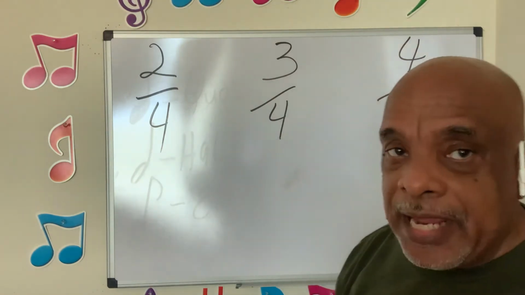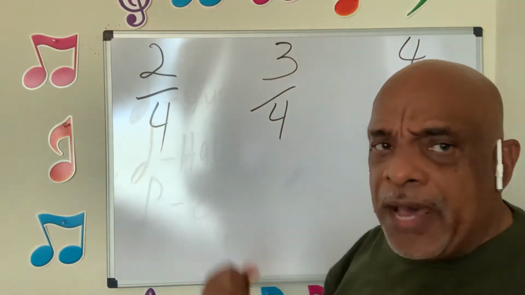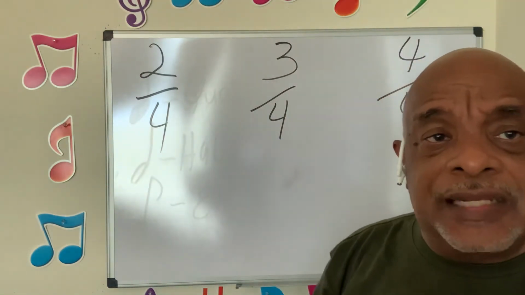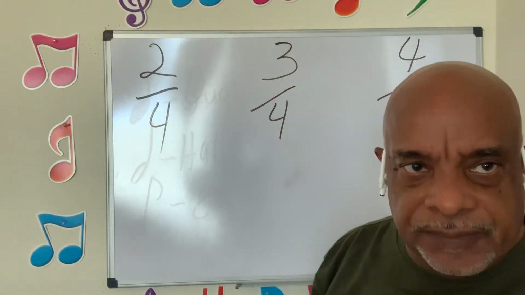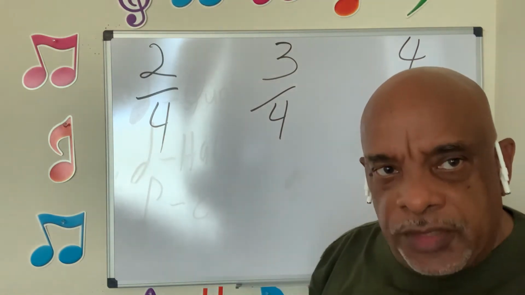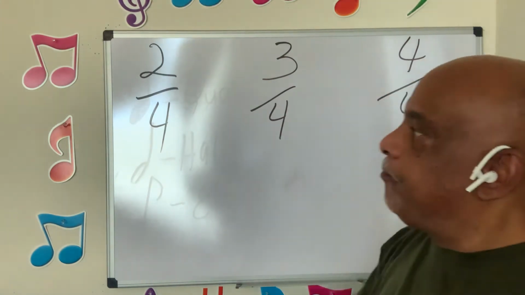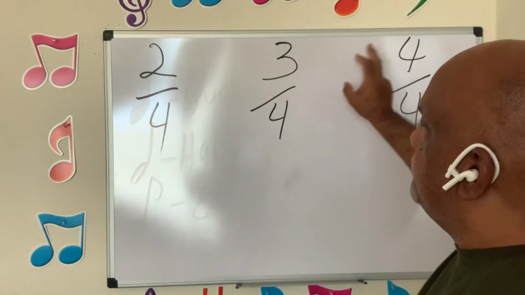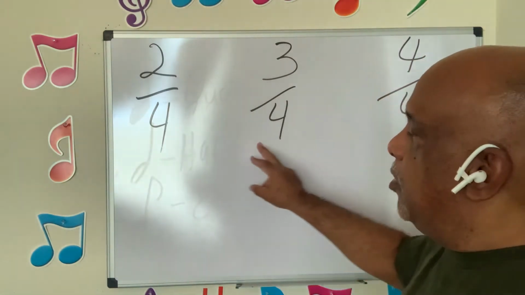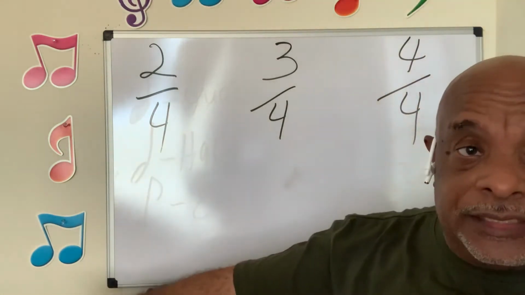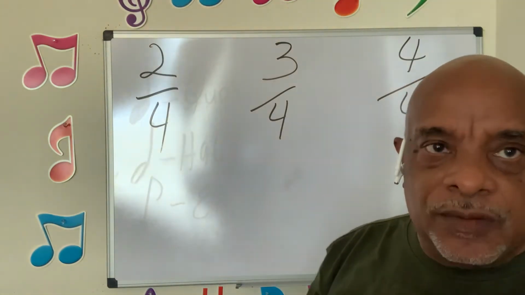Let's recap it. The top number tells how many beats are in a measure. The bottom number, which is a 4 in this case, means that the quarter note will get 1 beat.